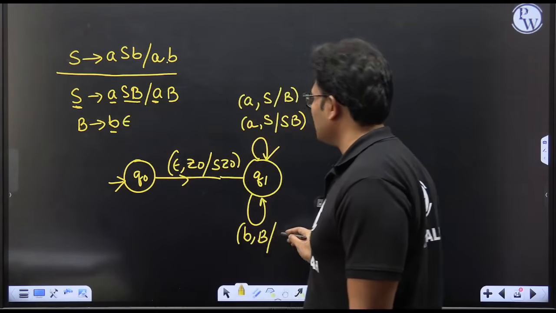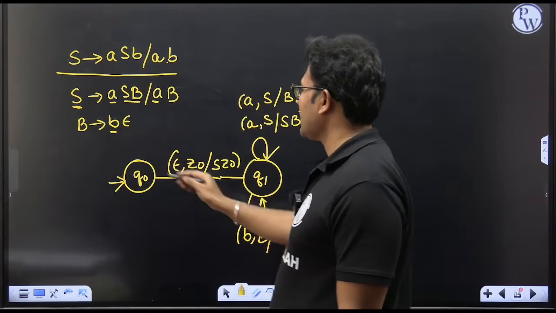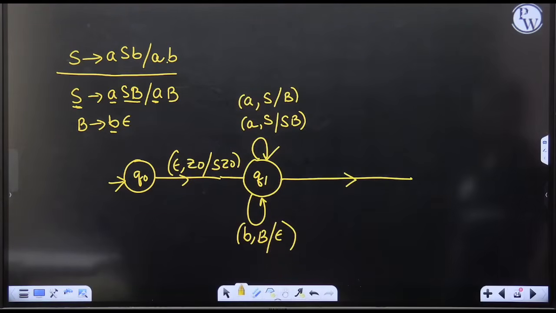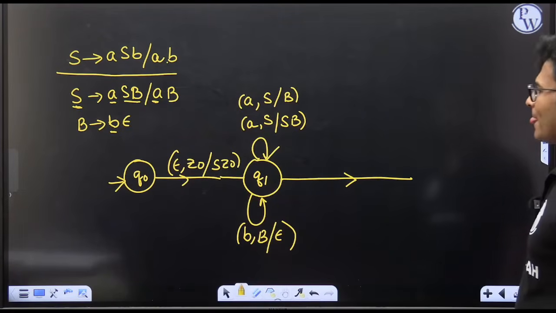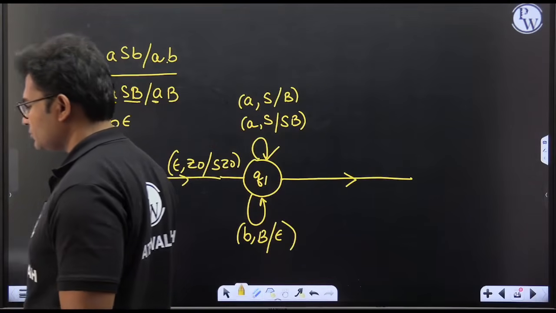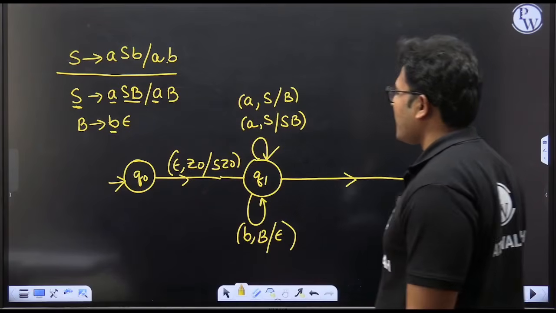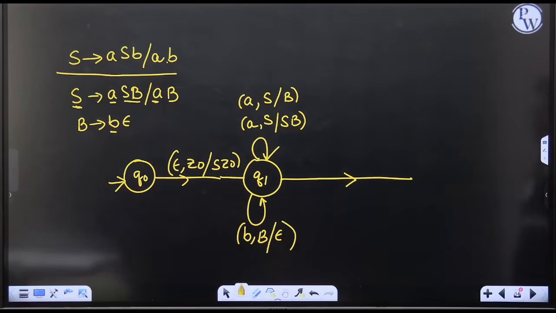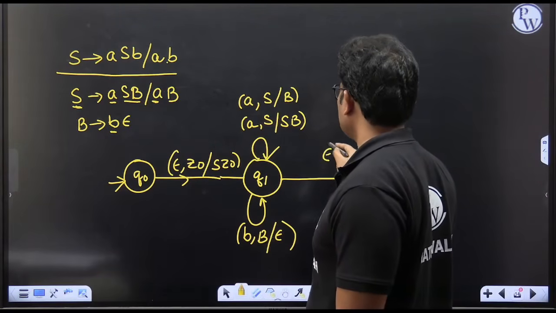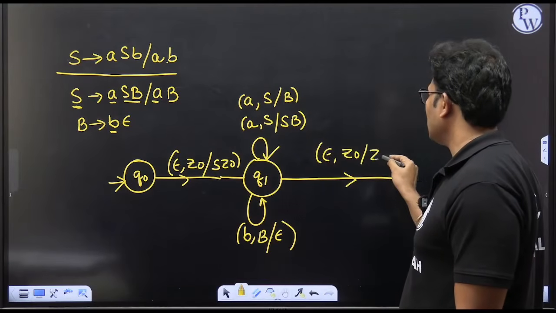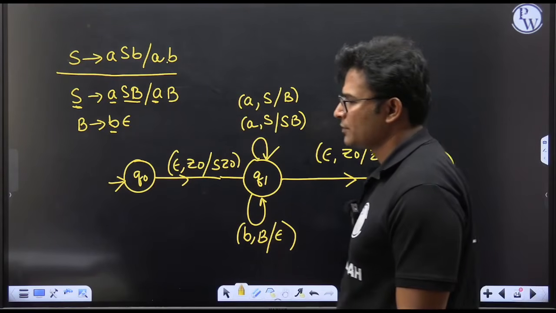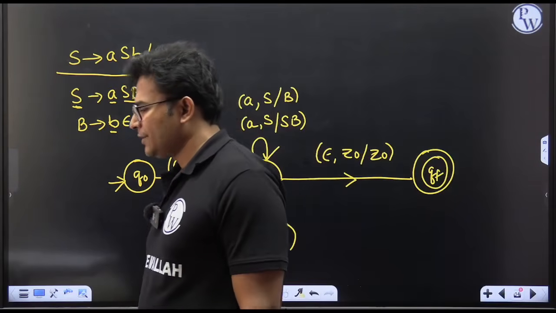Replace b by epsilon, replace capital B by epsilon, and finally, if input is epsilon, top of the stack is Z0, leave it as Z0 or make it epsilon and you accept it. QF, right? Let us see one more grammar.